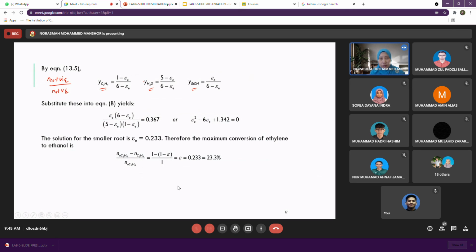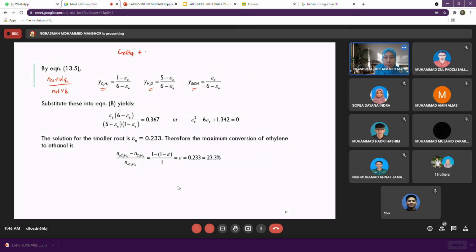Sekejap. Initial steam to ethylene, okay terbalik. C2H4 1, H2O 5 dia punya Ni0. Okay. So yang ni Ni0 for C2H4 is 1 minus epsilon sebab Vi dia negative 1. Saya tulis balik reaction dia.